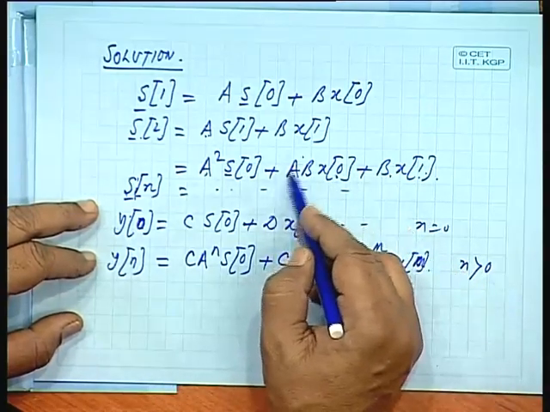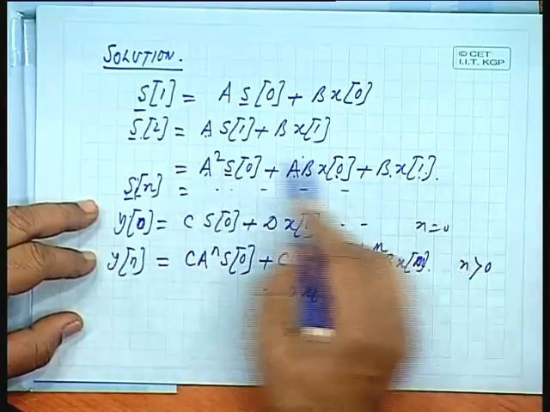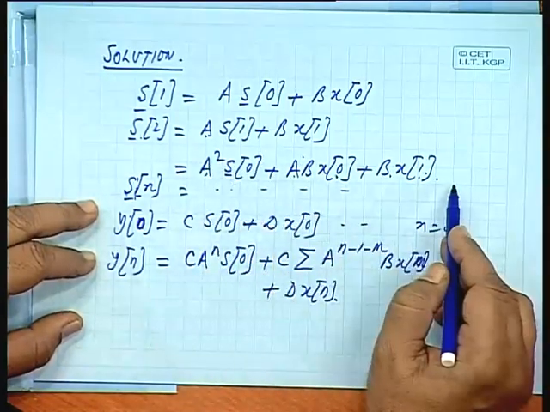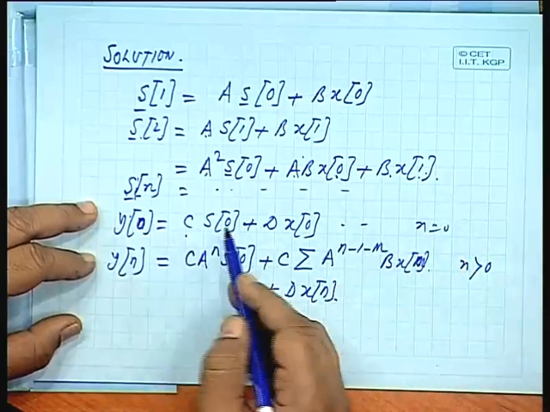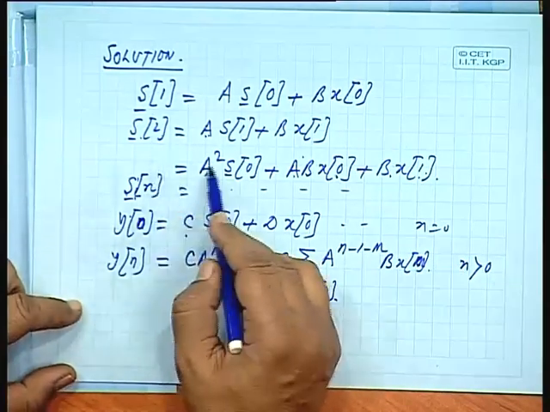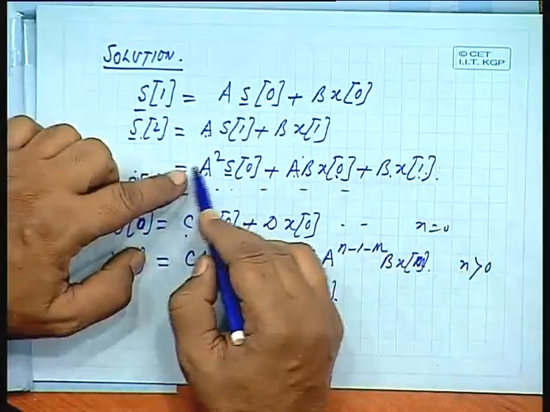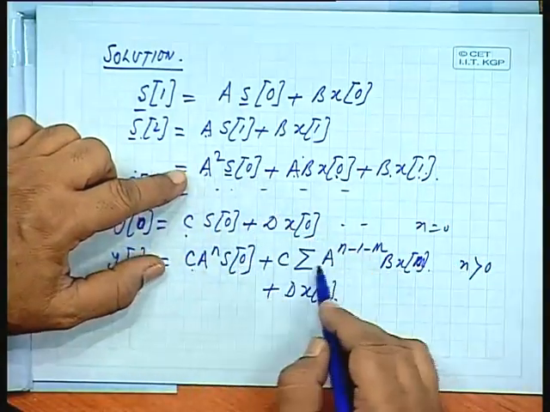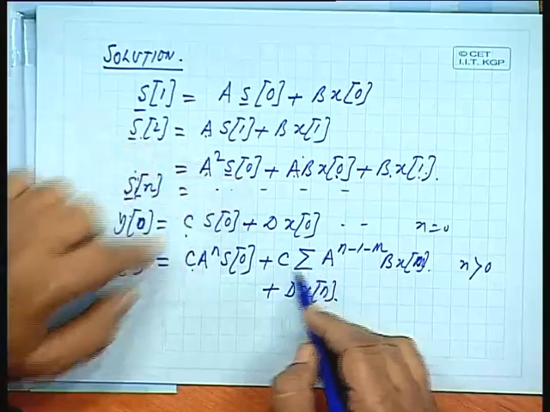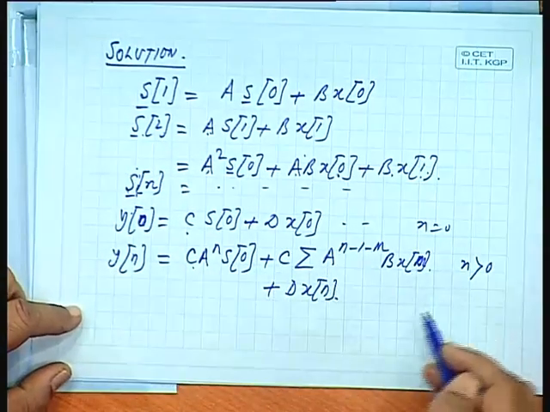So, all these can be put in a summation form, and C times S n, whatever this is, if I multiply by C, leaving aside the 0th term, it will be like this.